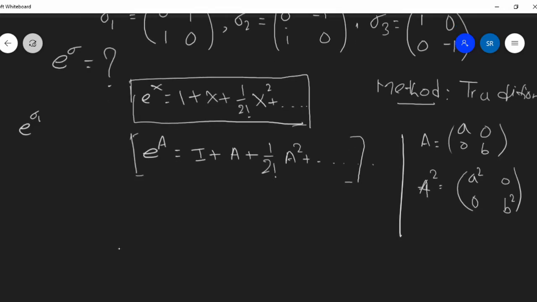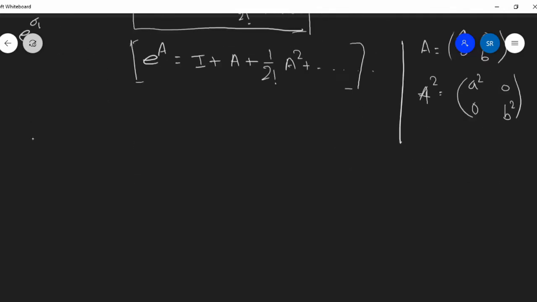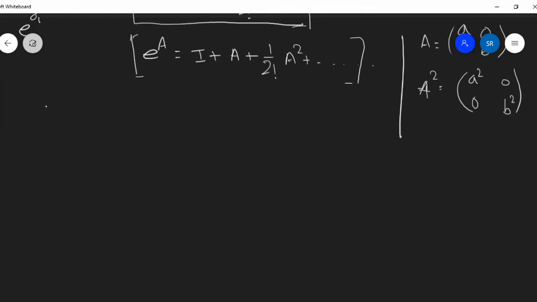Let's deal with the first one, which is the exponential of sigma 1. So this will obviously give us the identity, then we have this, then 1 by 2 factorial this, plus and so on. And just in case, let's not forget that this is a thing. We'll use it later on, but let's just know this is a thing.